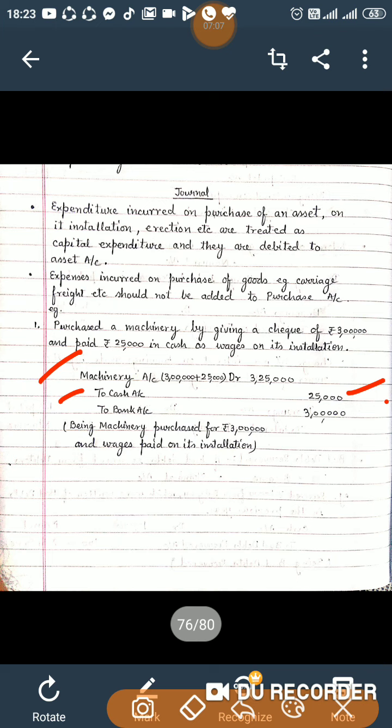Whenever you are making payment, cash at bank is also decreasing, so decrease in asset should be credited, so bank account should be credited with 3 lakh. So the journal entry is machinery account debited to cash account and bank account, and the narration is machinery purchased for rupees 3 lakh and wages paid on its installation is 25,000.